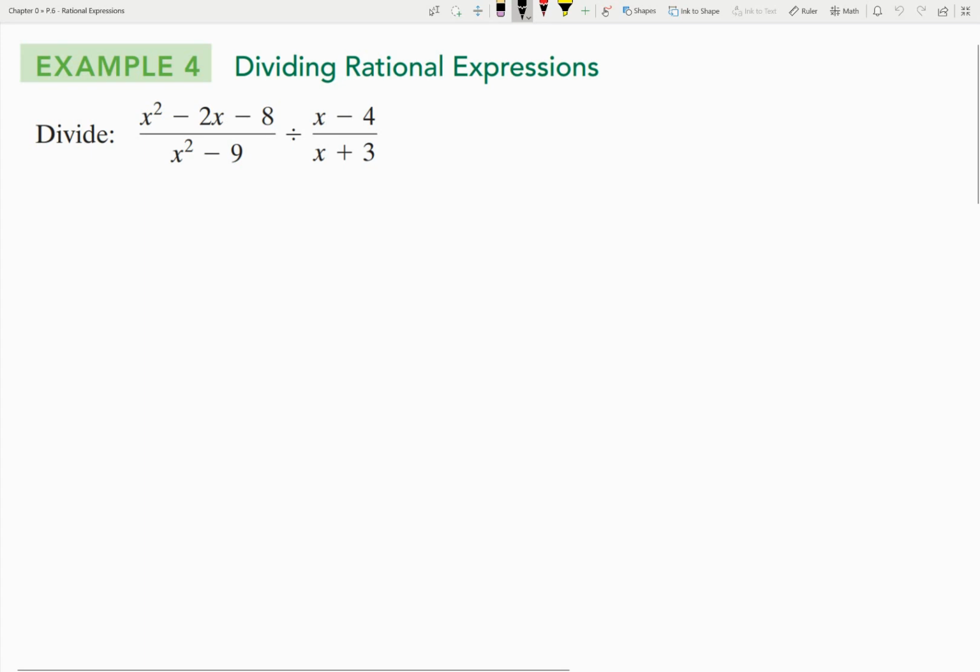So let's look at this problem right here. So we're going to factor the top here. So that's x minus 4, x plus 2, over difference of two perfect squares, x plus 3, x minus 3. Now, I'm going to switch this to multiplication, and my fraction is just going to flip over.